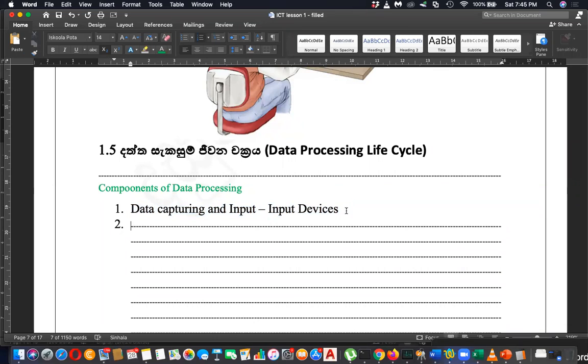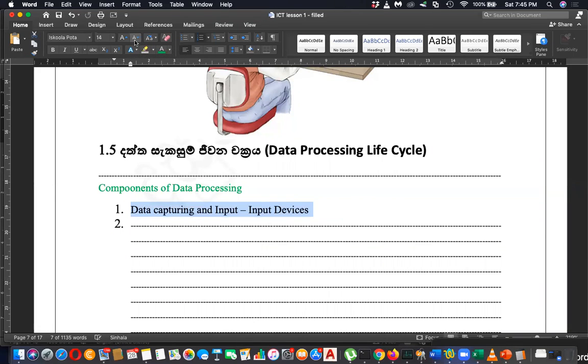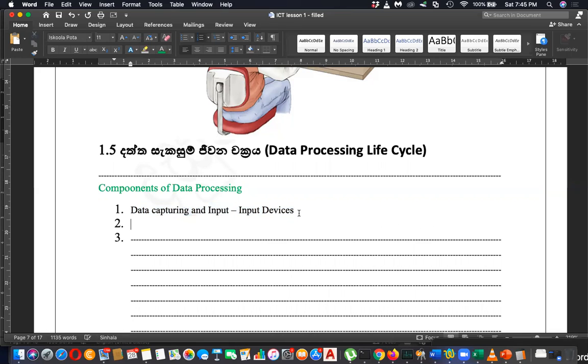After capturing, directly storing? Before processing, you have to do one thing. In between data capturing and data processing, there's one thing: data representation.